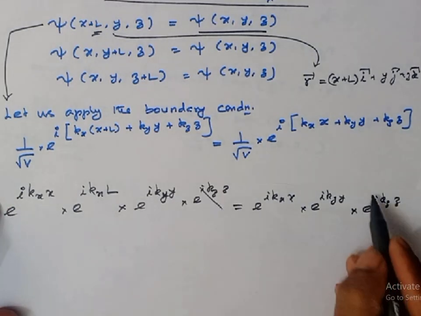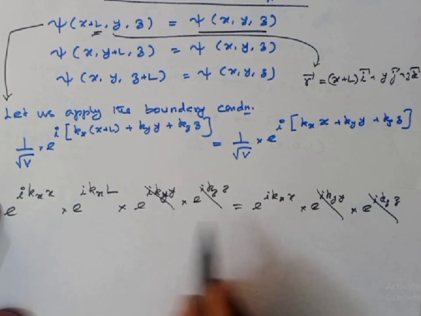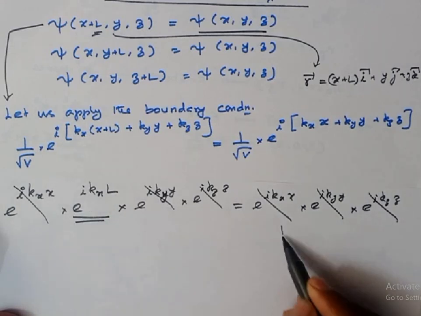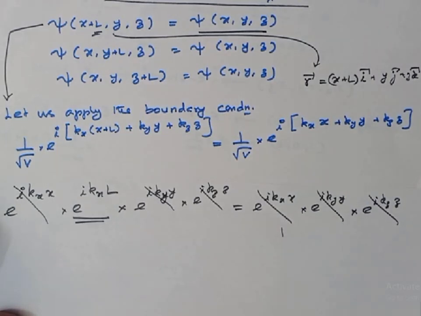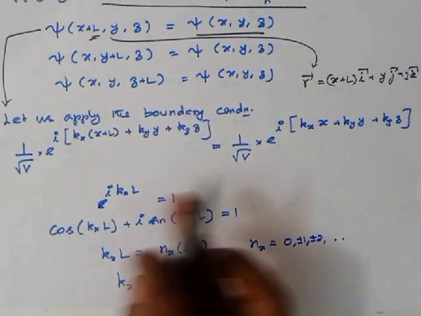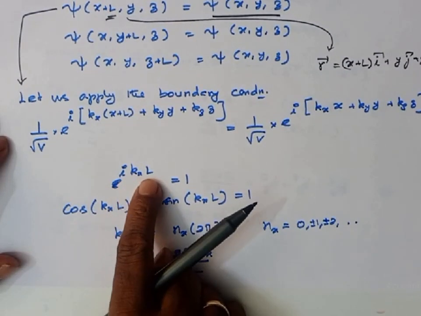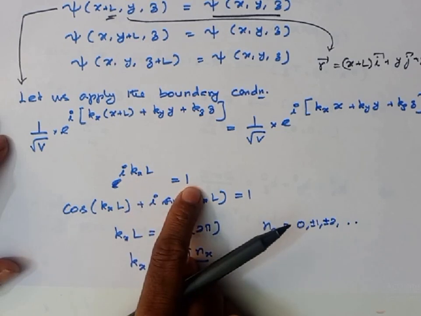Now this and this cancel, this and this cancel, and this quantity cancels. So we have only e power i kx L on the left hand side, and on the right hand side we have 1. Clear? So what we get is e power i kx L equal to 1.